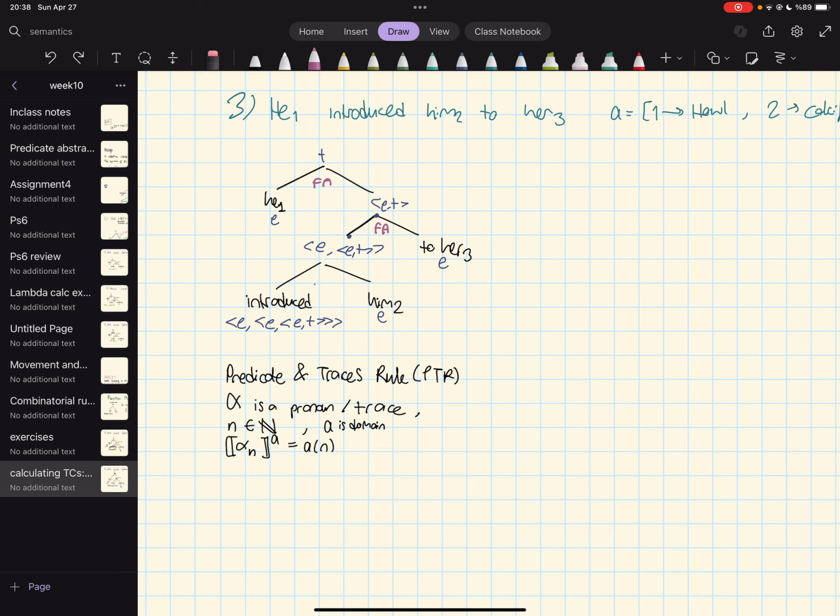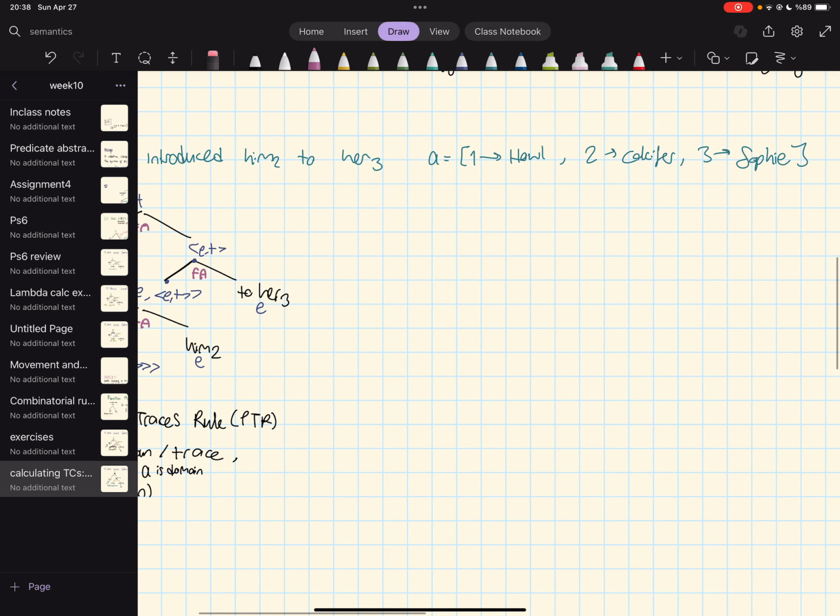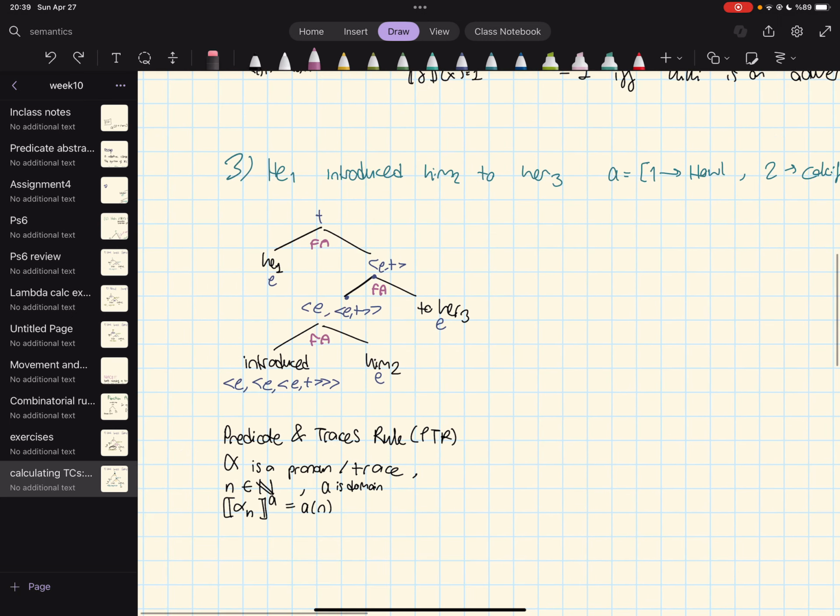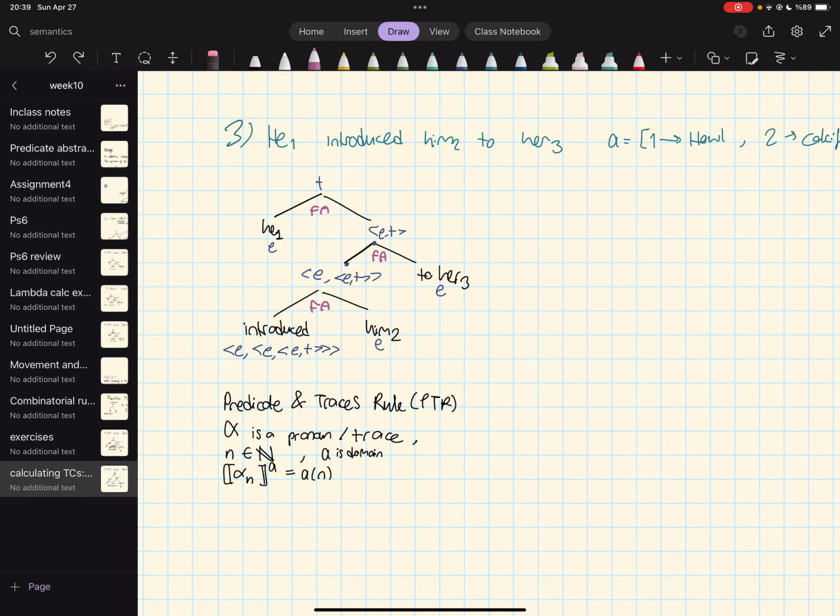This is also calculated by FA, but one thing to note is that when we have indices, as I have explained before, the Predicates and Traces rule would have to be applied to get the meaning of the index, making use of our domain, making use of our assignment function A. Assume that alpha is a pronoun or a trace, such as, in this case, a pronoun, with n, an element of the natural numbers, such that it has this natural number n as its index.